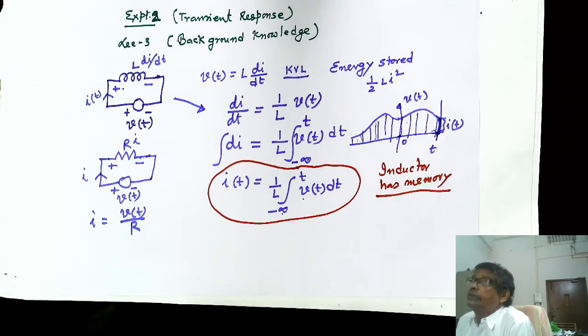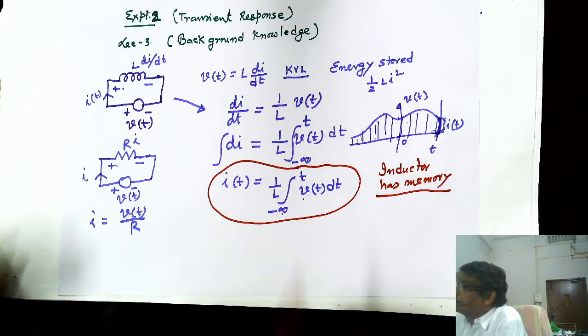The current which will be flowing through the inductor is decided not only by the current value of the voltage, but by how you behaved with the inductor with previous voltages. That matters. It comes out to be this.